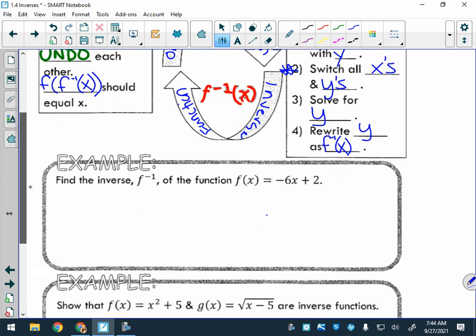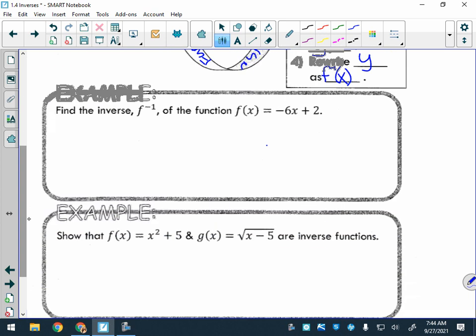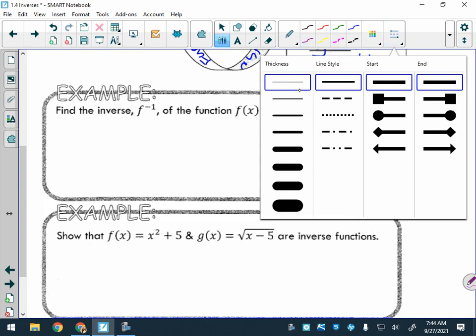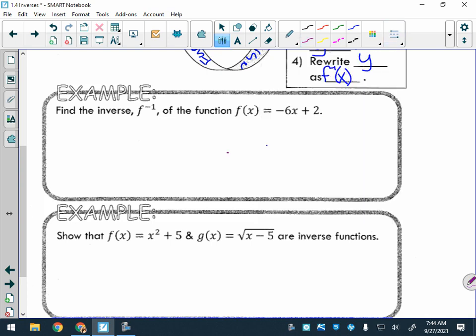So what this looks like in an equation: you are given f of x equals negative 6x plus 2. So our first step is rewrite it. Y equals negative 6x plus 2.